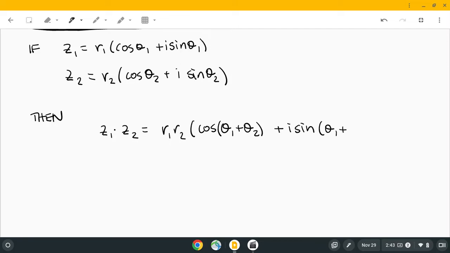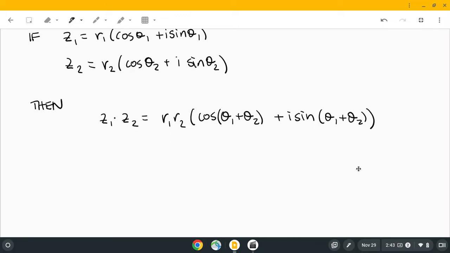So that's nice when it's in trig form, right? So all you do is multiply the 2 r's and then you add the 2 angles, okay? And then for division, if we do Z1 divided by Z2, then we're going to do R1 divided by R2. And instead of adding the 2 angles, we will subtract them, okay?